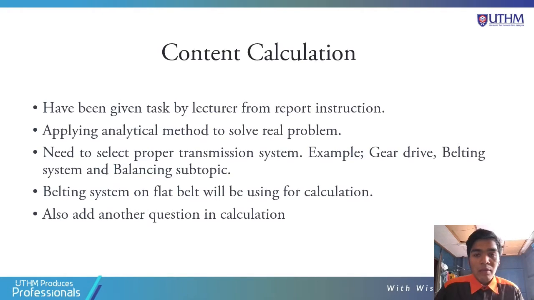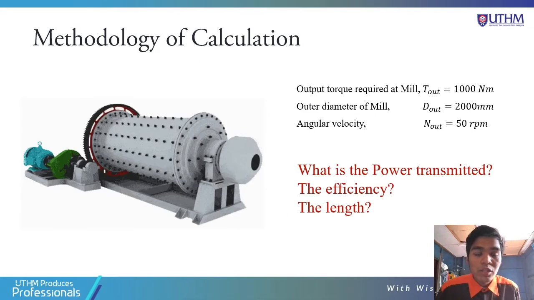We have chosen the belting system drive for our report, and we use the flat belt for the calculation. And we also add another question for this calculation. So we go through the methodology of calculation.